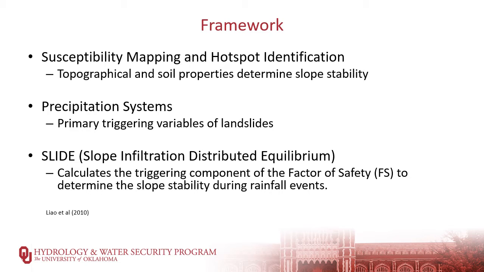Some sort of precipitation monitoring system, and this is just to kind of understand rainfall amounts and when and where they occur and how long they last for. And then the final is the modeling component, SLIDE, slope, infiltration, distribution, equilibrium. And basically it calculates the triggering component of the factor of safety, FS, to determine the slope stability during these rainfall events from the data found in the first two items of the framework.